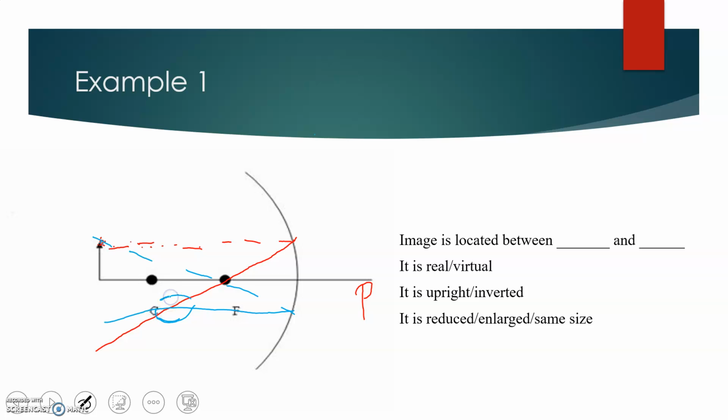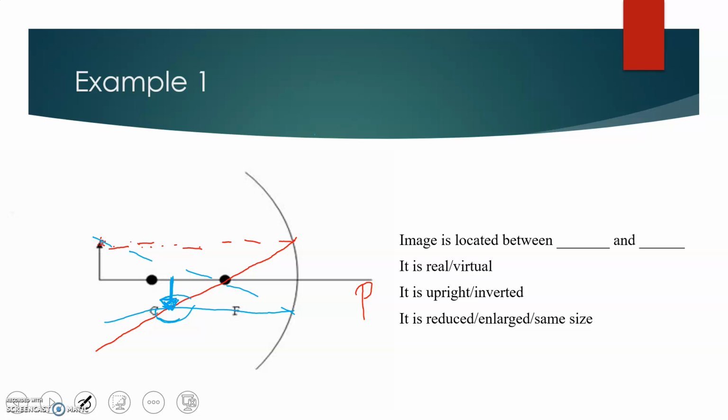Whenever your two reflected rays intersect, so your two solid lines intersect, you can stop, and that is where your image is going to be located, and that is what you're going to see in this concave mirror. And that is going to be the top of the arrow where they connect, so at the top of the image. And so we know that the arrow would look something like that in the concave mirror.